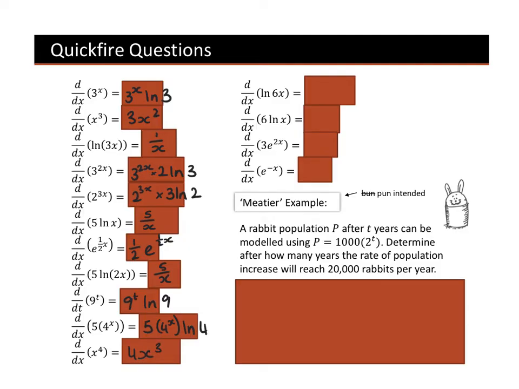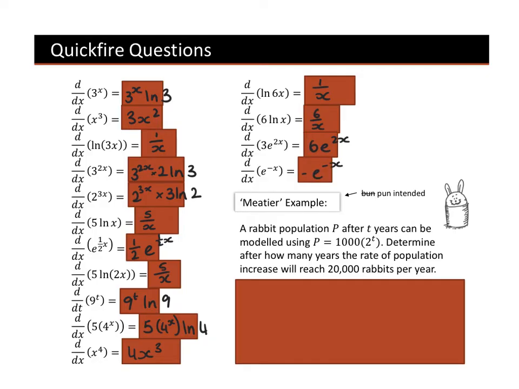Ln of 6x, 1 over x. 6 ln of x, 6 over x. 3e to the power of 2x, 6e to the power of 2x. e to the minus x, minus e to the minus x.